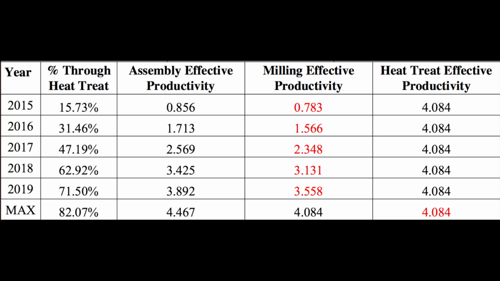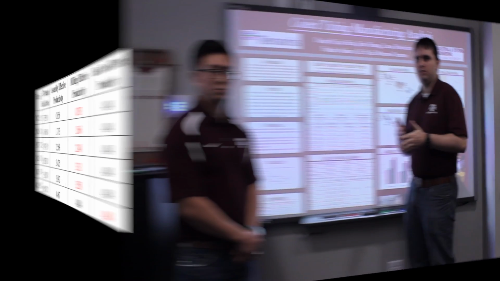Up until 82% of materials running through heat treatment does milling remain the bottleneck. At that critical point, the bottleneck will flip to the heat treatment. Now, this is assuming that all the numbers provided by Tenaris remain constant over the next few years.